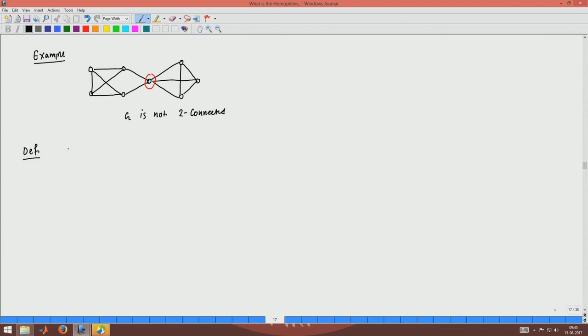Two paths from U to V are internally disjoint if they have no common internal vertex.